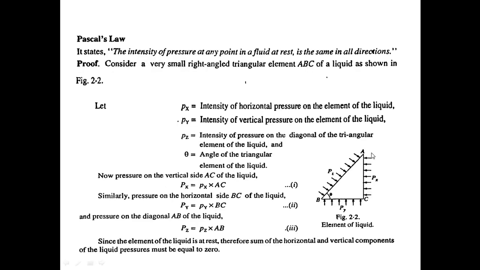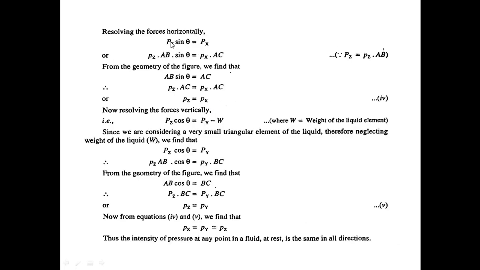So perpendicular is Px and hypotenuse is Pz. So sin theta is equal to Px divided by Pz, so multiplying Pz on both sides, we will get Px is equal to Pz sin theta, where Pz is the capital Pz, which is the value of small pz AB.